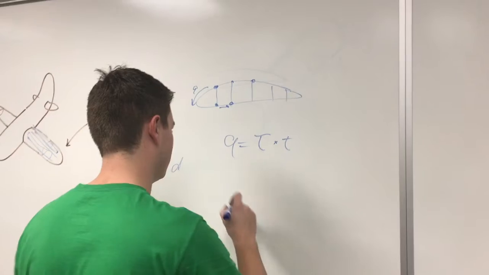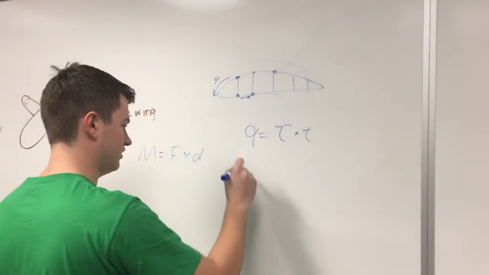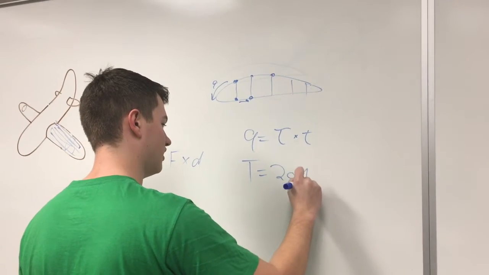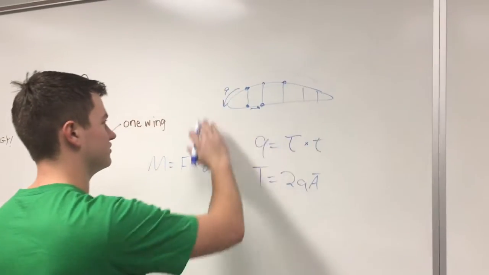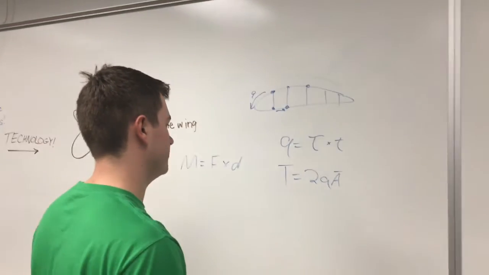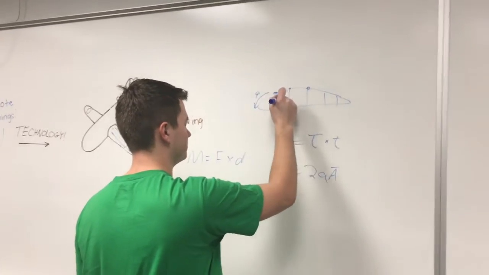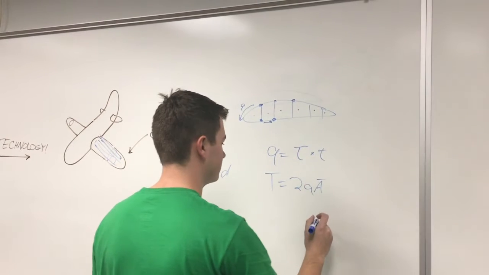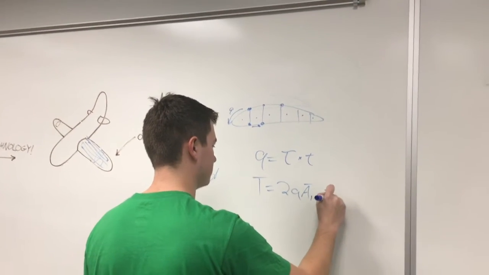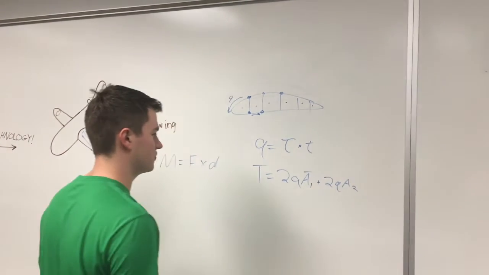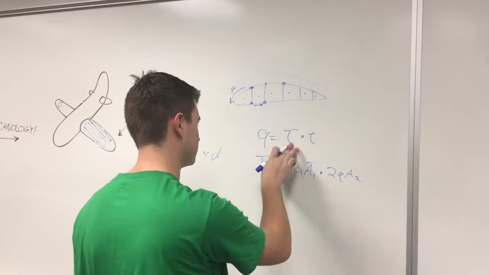Then torque equals 2Q A bar, where A bar is the enclosed area, basically for one cell. If you have 6 cells, you keep doing this until you get the idea.